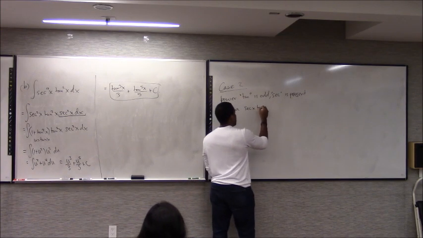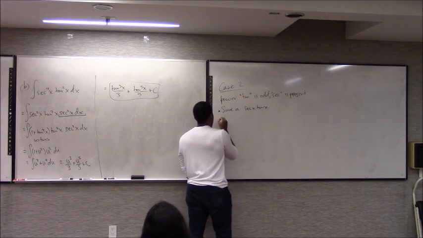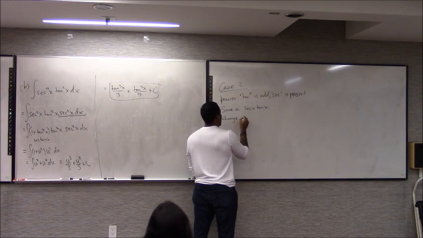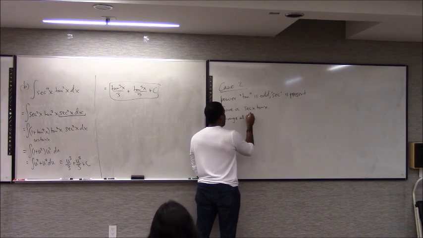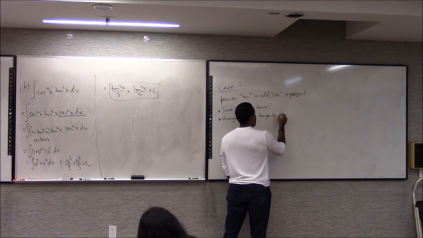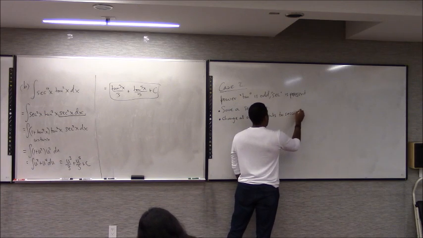So what you do here is you would actually save secant x tangent x. You would then change all other tangents to secants.